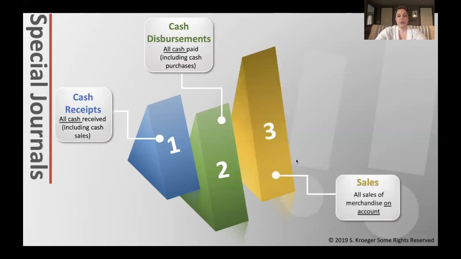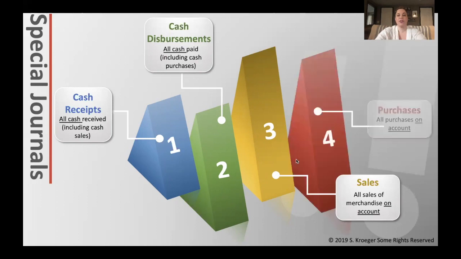The third journal we have is the sales journal. This is non-cash. So the next 2 we're going to talk about are non-cash because the first and second one are the cash ones. So these are sales on account. Sales of merchandise on account. Like I said, if we make a sale and it's cash, it's going to go into the cash receipts one. So this is a sale on account.